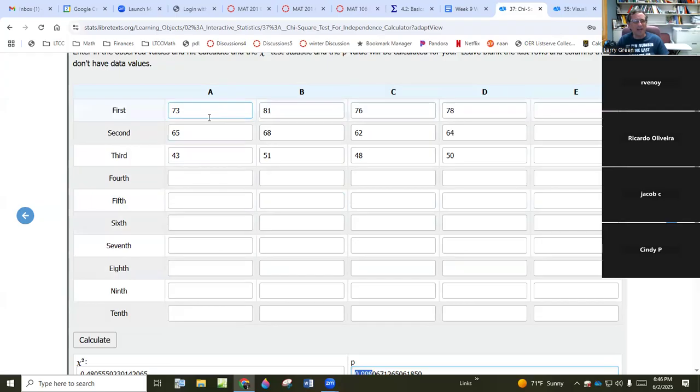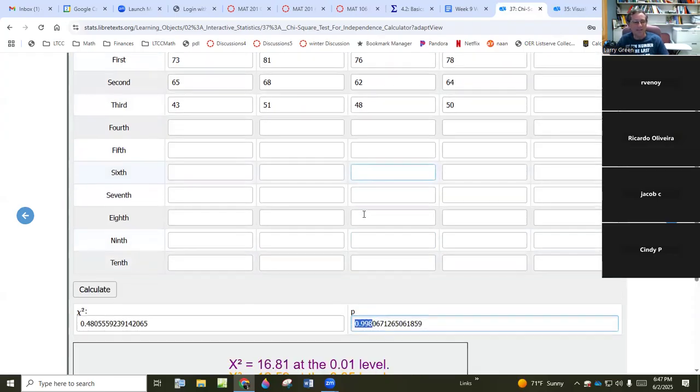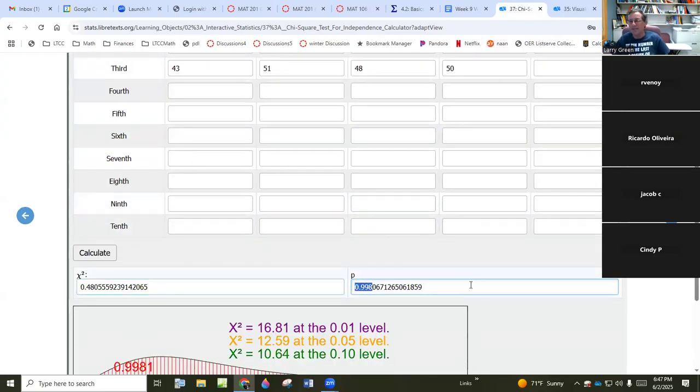Another thing is it turns out if you switch the rows and columns, you get exactly the same answer. It's one of those interesting things about the chi-square test for independence. It doesn't matter which side you're on. So if we did 73, 81, 76, 78 as the first column, and then 65, 68, 62, 64 as the second column, and 43, 51, 48, and 50 as the third column, and hit calculate, you'll get exactly the same chi-squared and p-value.